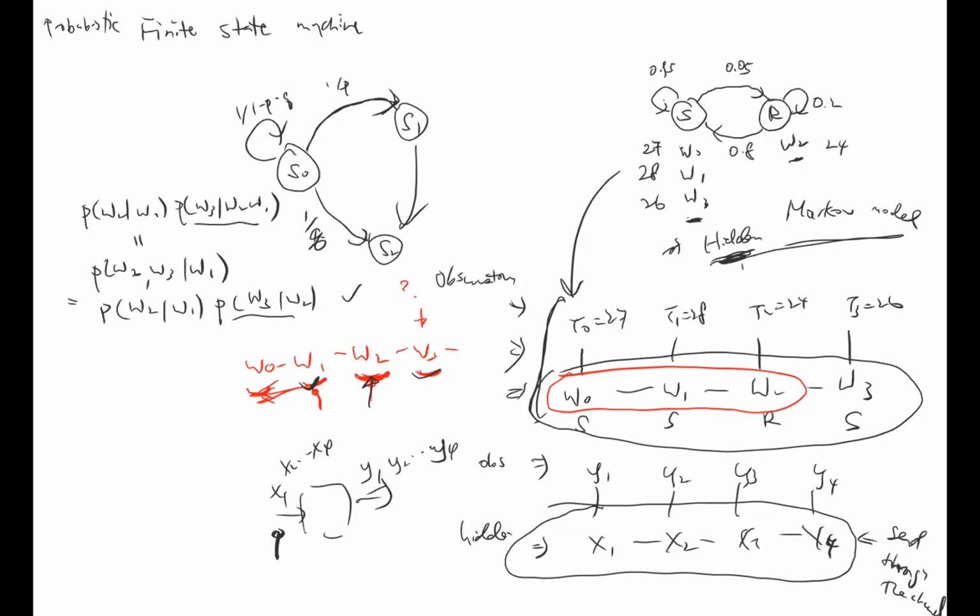But if these probabilities are also varying with time, is there any particular type of Markov model? Yeah, that won't be a stationary model.